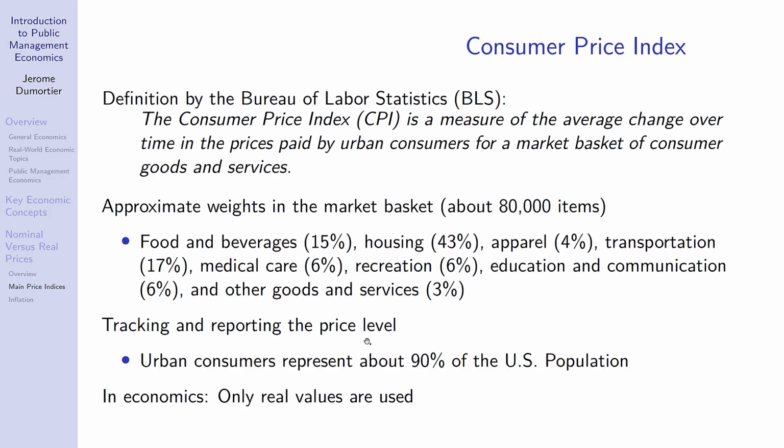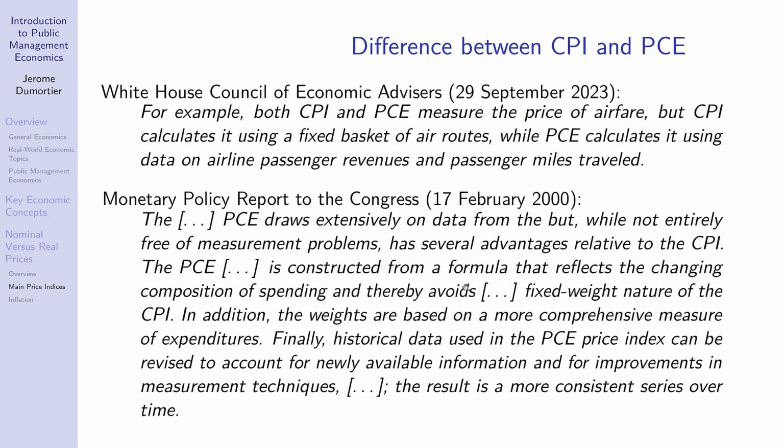In economics, it is essential to focus on real rather than nominal values, and the CPI is one of the most important tools for making that distinction. As mentioned before, the Consumer Price Index and the Personal Consumption Expenditure Index both measure cost of living to consumers. The CPI and the PCE price index, though, differ in their construction.